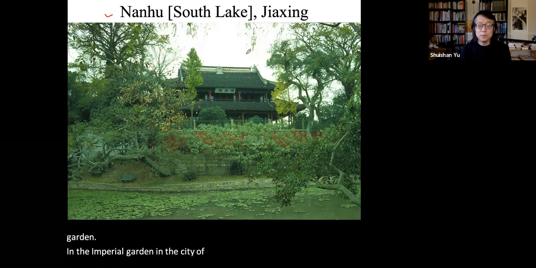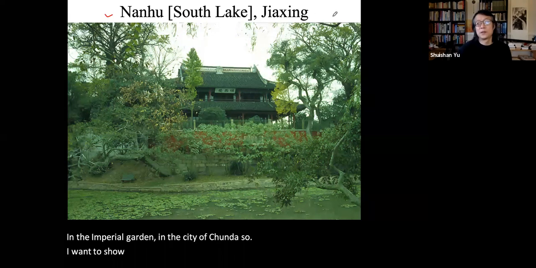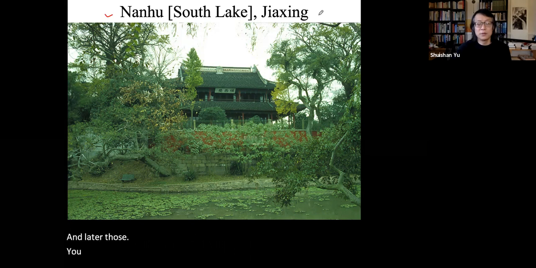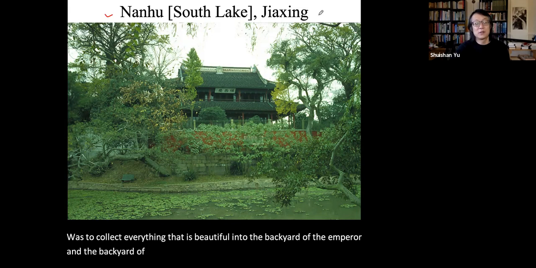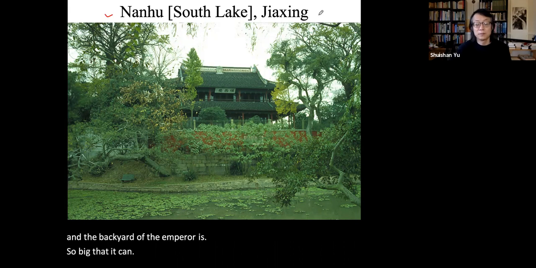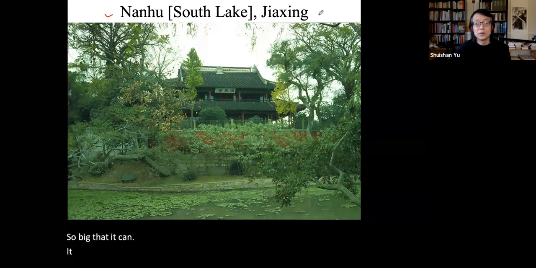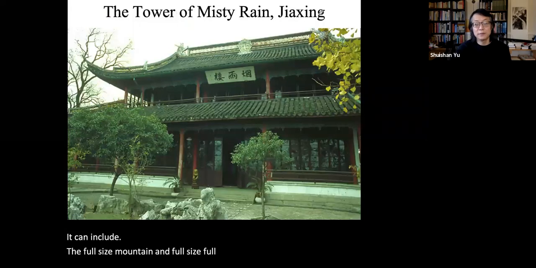So I want to show you this, because those imperial gardens, their scale and their ideology, was to collect everything that is beautiful into the backyard of the emperor. And the backyard of the emperor is so big that it can include a full-size mountain and a full-size lake, right?